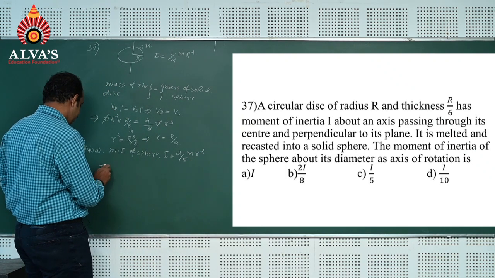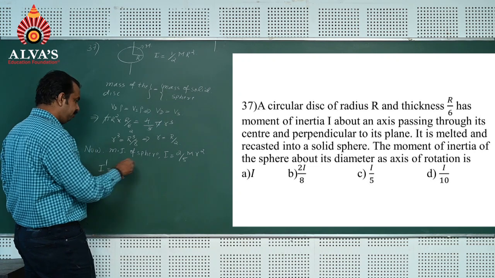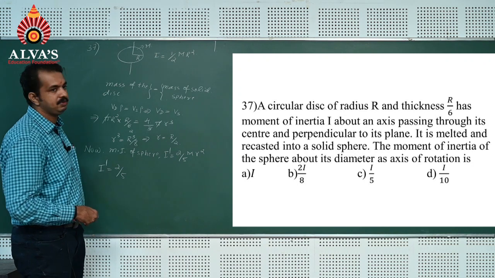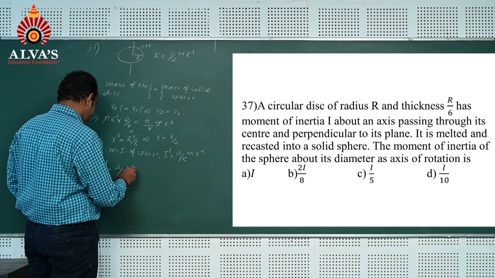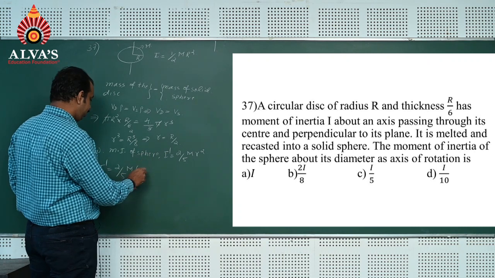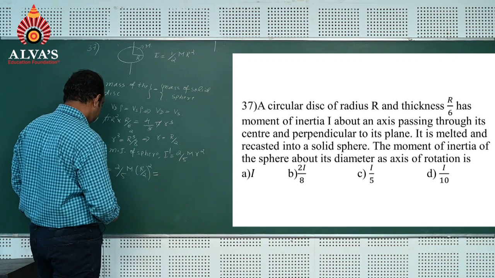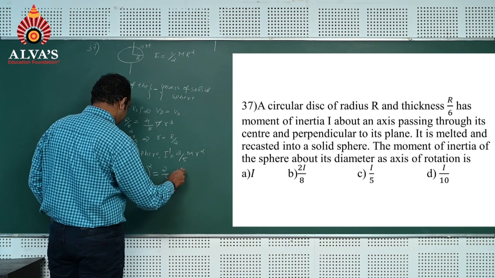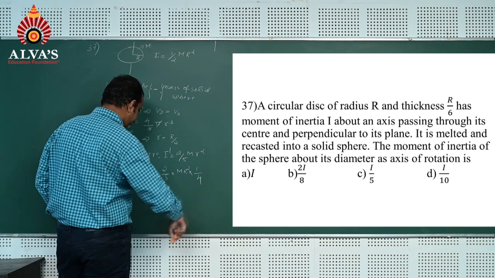I take moment of inertia as I dash here because already we have taken moment of inertia of circular disc as I. I dash is equal to m into r by 2 whole square, which is equal to 2 by 5 into m r square into 1 by 4.